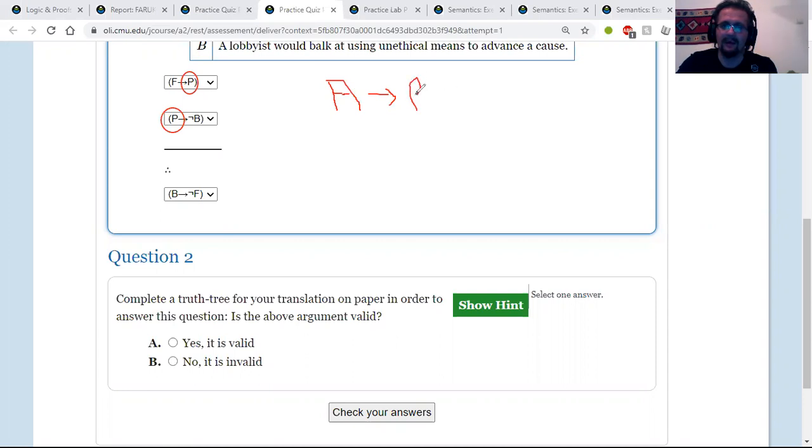So A and B. A conditional is true under all conditions, except there's only one time that a conditional isn't true. That's if the antecedent over here is true, but the consequent, the B part of this, is false, right? That's the only time that a conditional is not true. So we need to avoid this, right? If we end up in this situation, then we're going to have a problem.